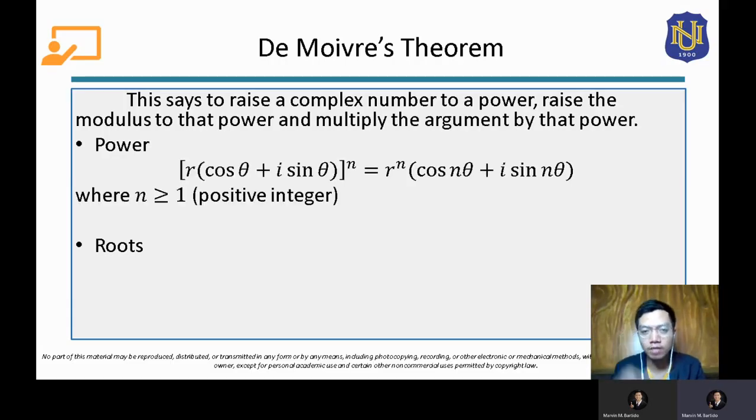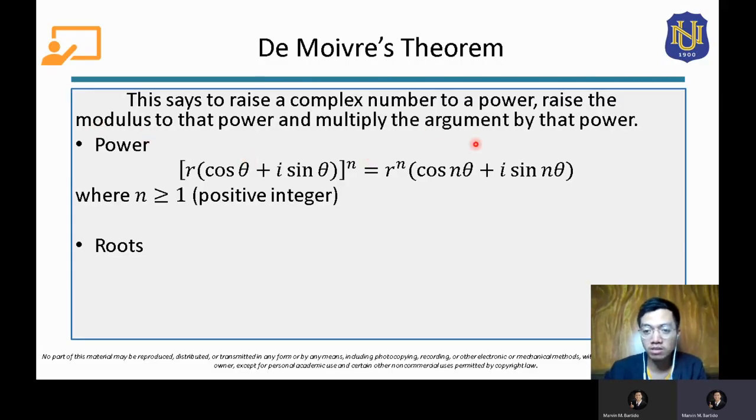Let's say you have this complex number. It is in a form wherein there is a modulus and there is an argument. That's what we need in order to apply Moivre's theorem: your complex number should have a modulus and an argument.